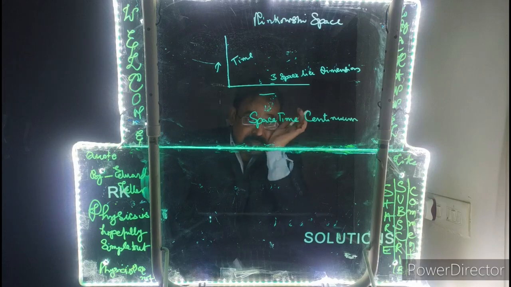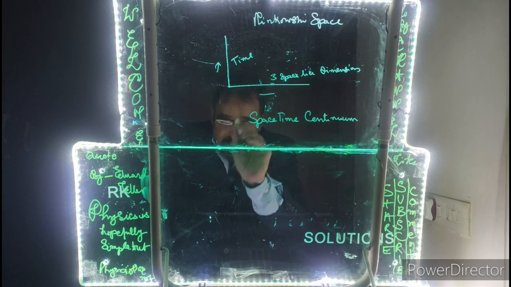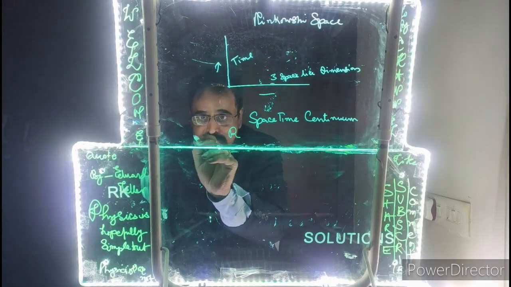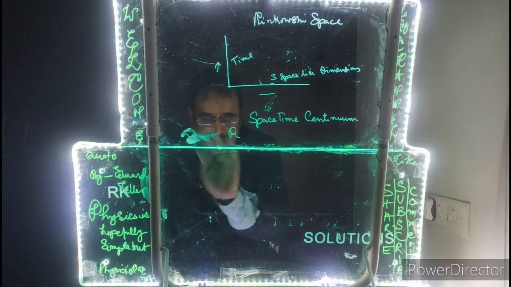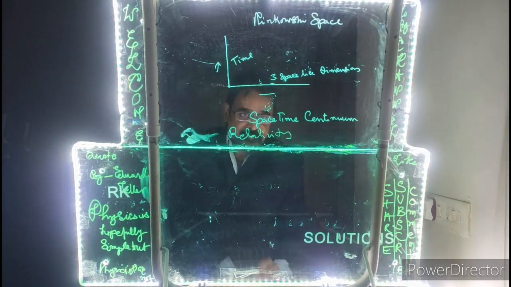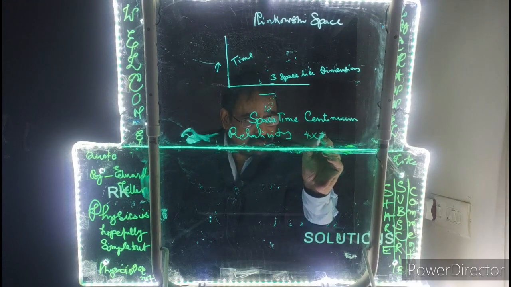So here, to represent special relativity, or rather relativity, Einstein took a 4 by 4 matrix.